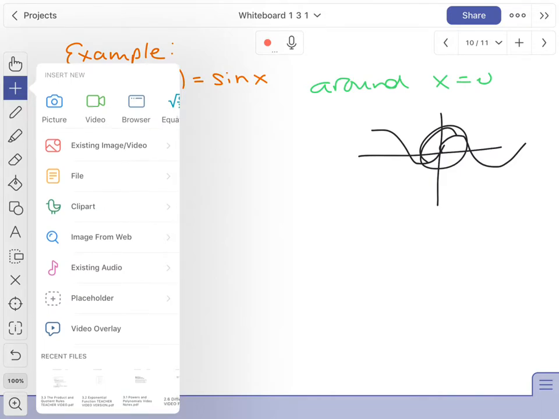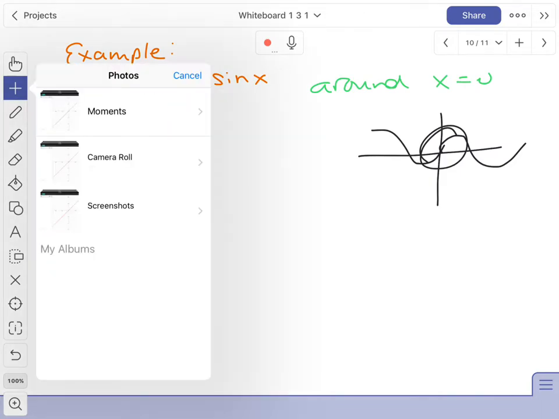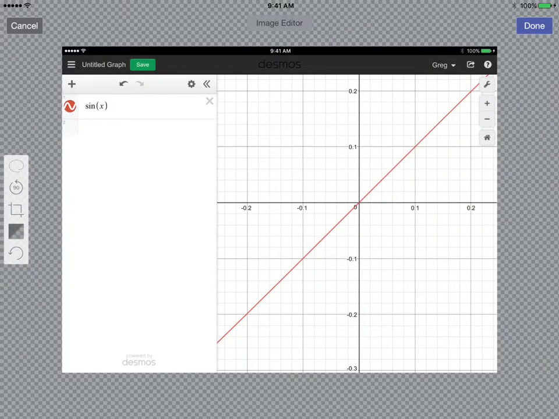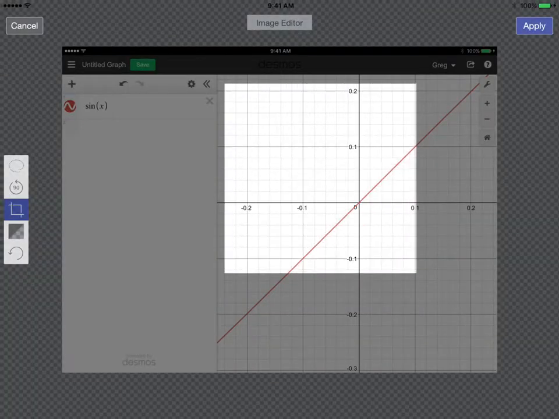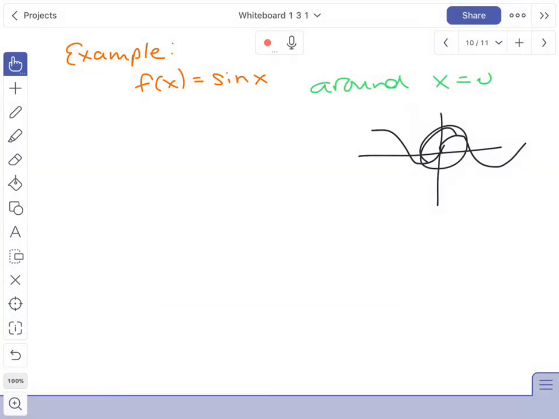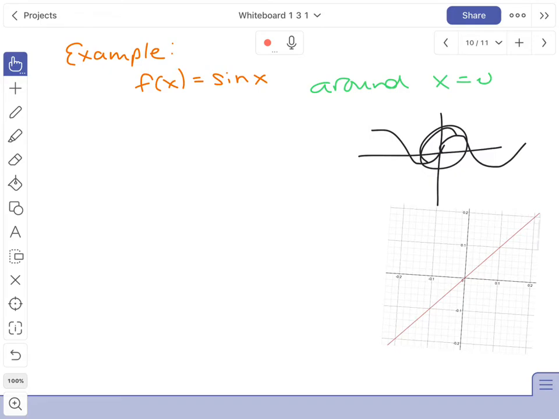So I'm just going to put that picture in so we have it with us and say, okay, around x equals 0, we don't actually need to use the function sine of x. Maybe we're not super happy about trigonometric functions, or maybe they're difficult to work with. But around x equals 0, it's just a straight line.